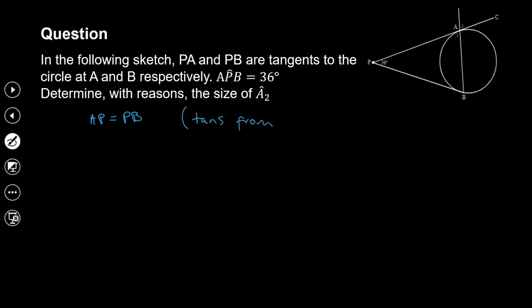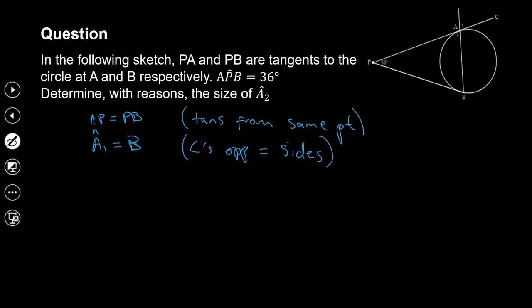from the same point, right? Remember that. And then because of that, I will say that angle A1 is equal to angle B. Angle A1 is equal to angle B. And my reason for this will be angles opposite equal sides, right?